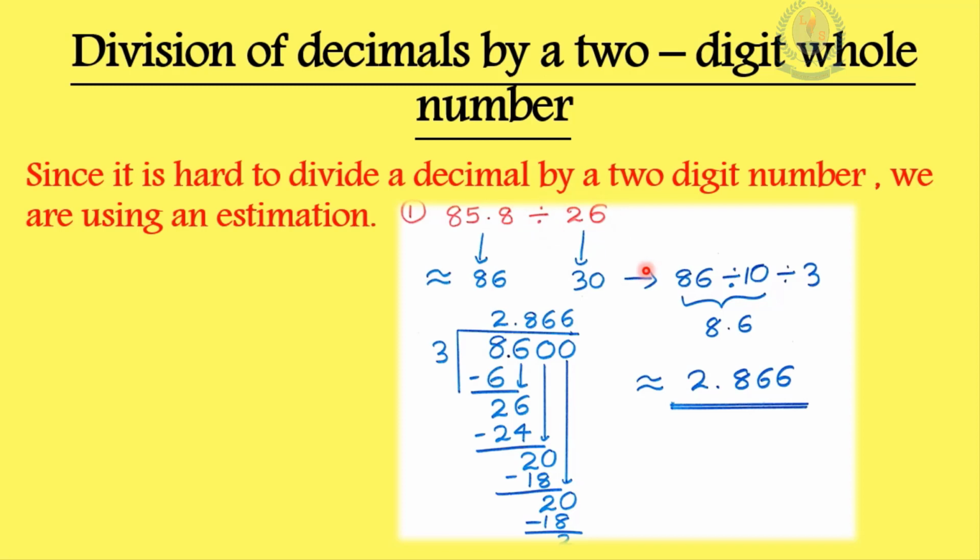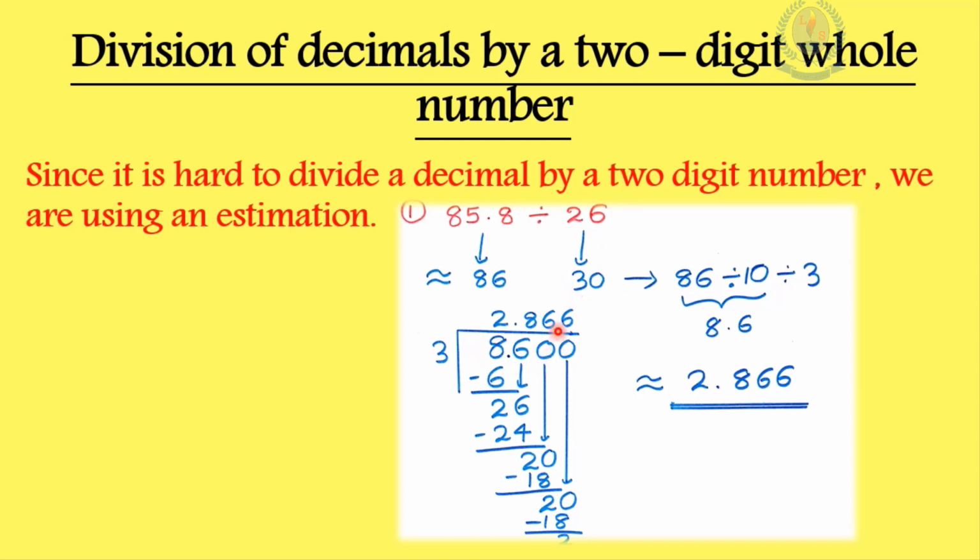Here this is somewhat hard, so we have to estimate these values, so we have to round off these values, right? Except writing 85.8, we can just write 86 without the decimal, rounded off to the ones place. Then 86 divided by 26. 26 is nearer to 30, so we can assume 26 as 30.